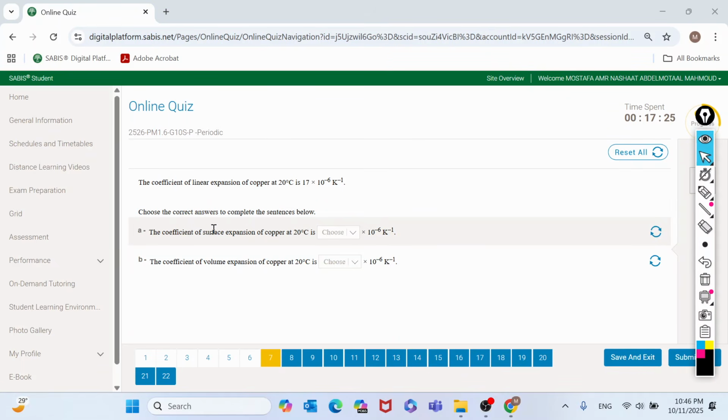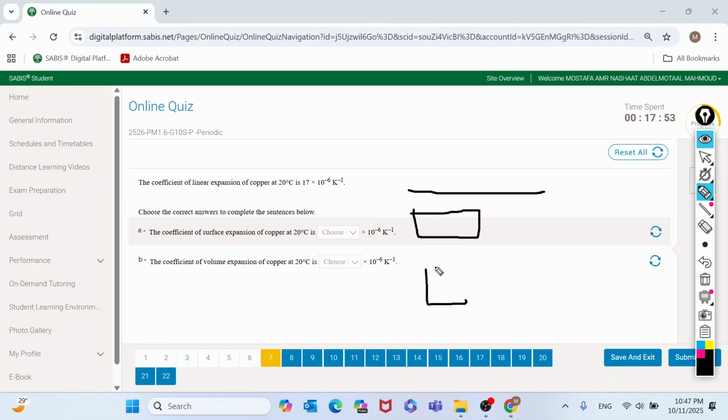Okay, the coefficient of surface expansion of copper at 20 degrees. Okay, look. This is linear, yeah? So it's like a line. It's a one-dimensional line, and it's expanding by this coefficient. If it was a two-dimensional shape, then you would just multiply the coefficient by 2.